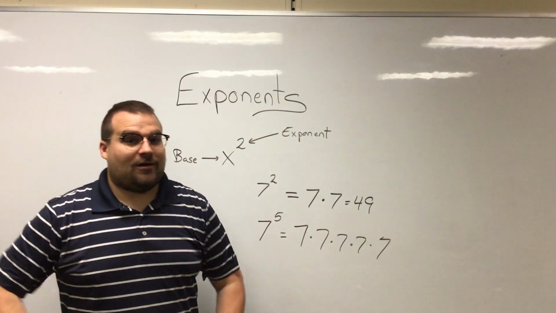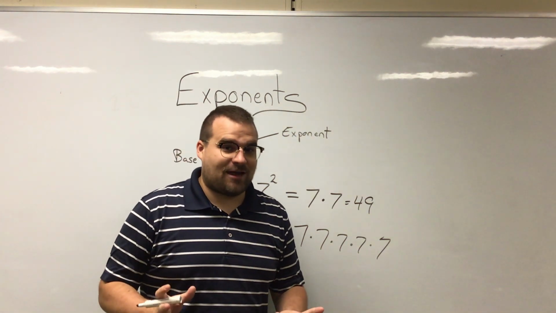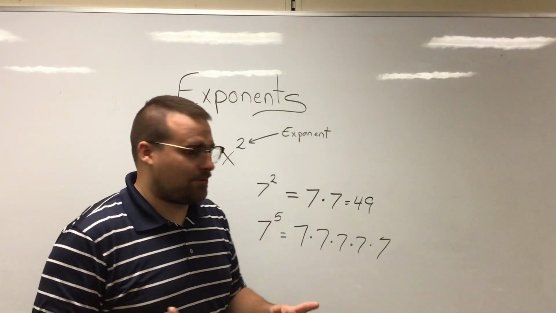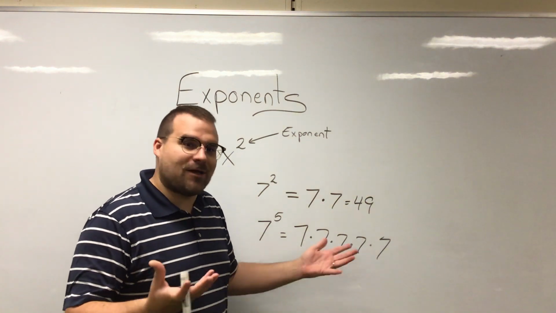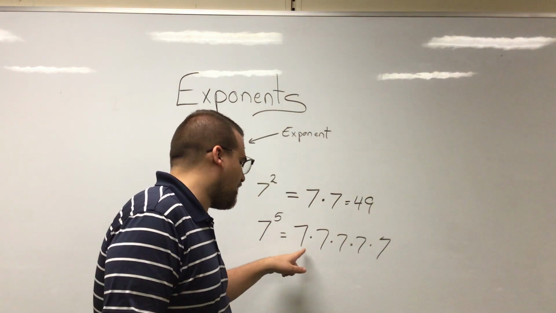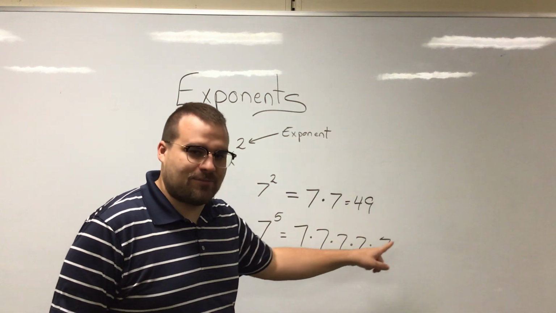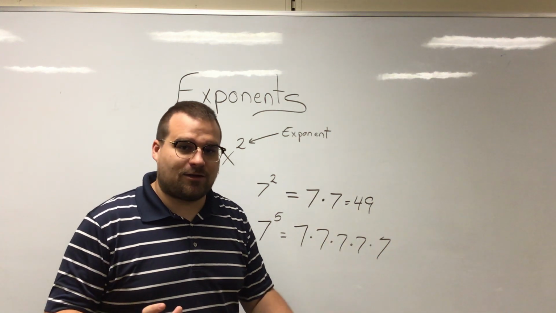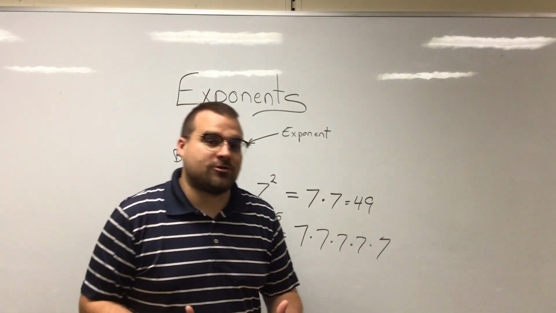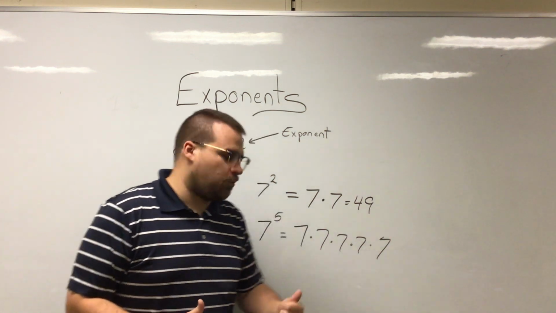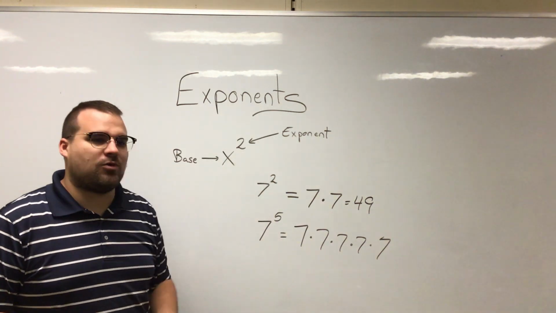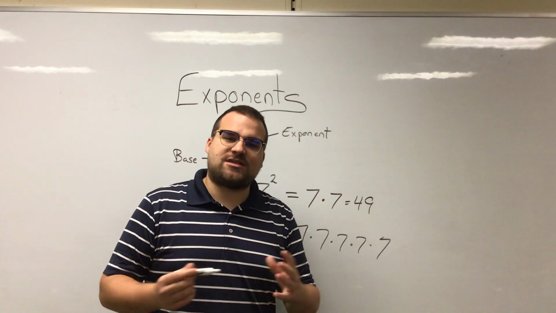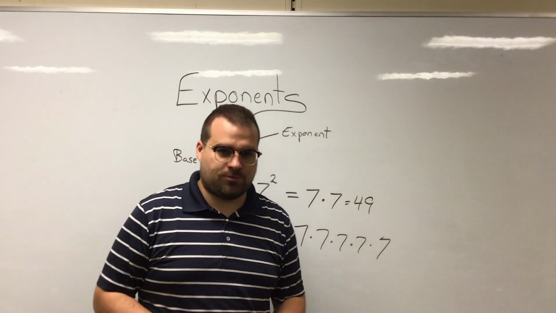Now, I don't know how to multiply 7 5 times in my head. That's going to get us a pretty big number. I can't do that on the spot, but I bet your calculator can. You could say 7 times 7 times 7 times 7 times 7, type that in there, and you're going to get a very large number, but that's what this is equivalent to. So this is how exponents work.